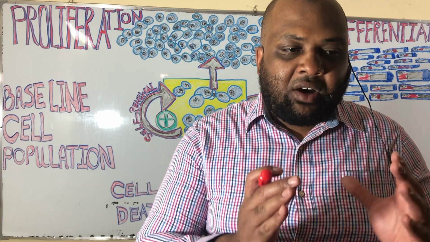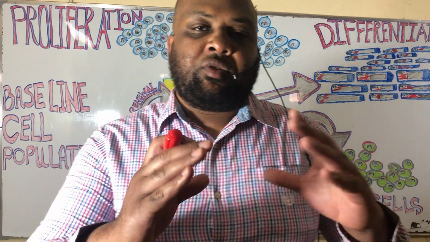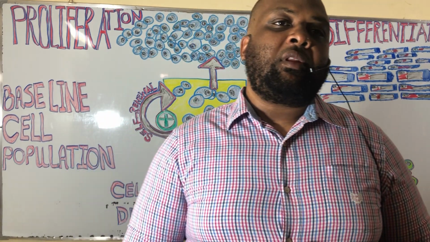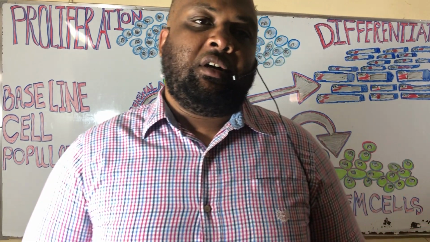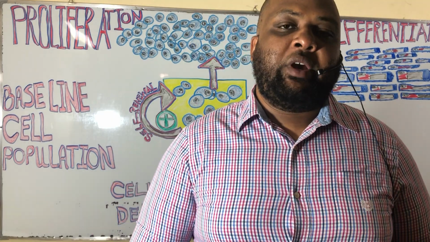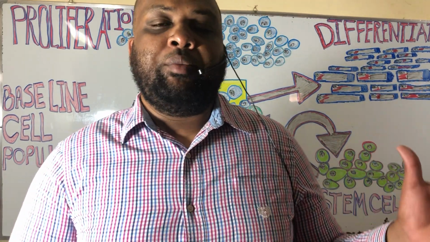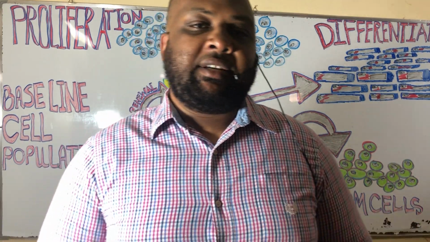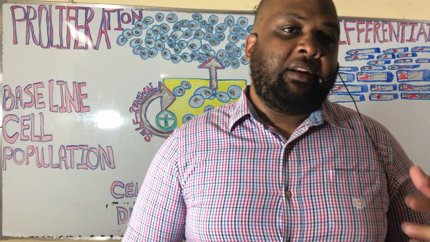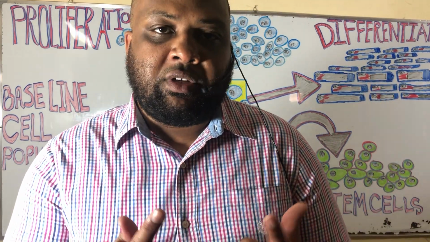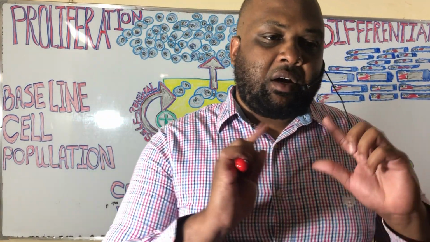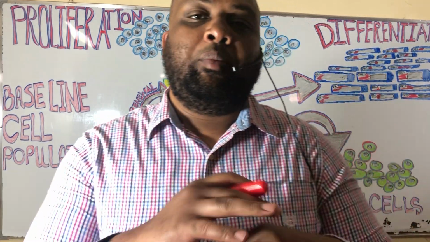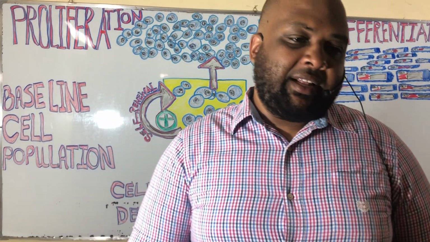So cells that are surrounding the cells that were scraped out, obviously after the processes of inflammation where macrophages would come and remove all the necrotic debris and all the remaining cells, then cells that are around these cells that were damaged will start to proliferate to make up for these lost cells.